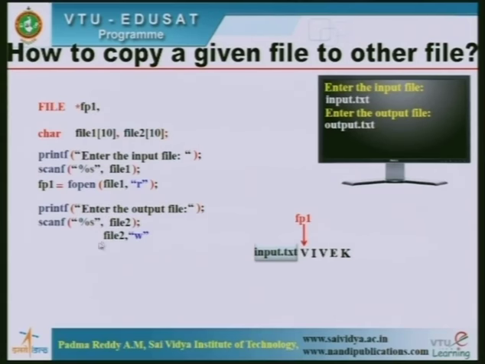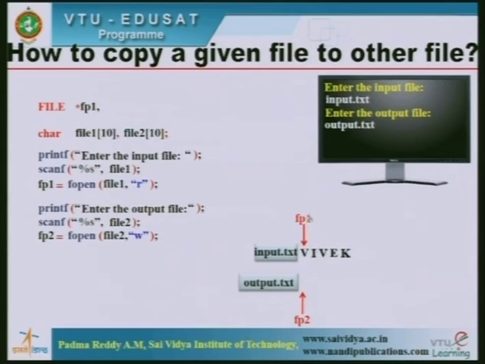So these two arguments should be passed to the function fopen. Now the moment this statement is executed, what will happen is file2, what does file2 contain? output.txt. output.txt is created, and it points to the beginning of the file. And that file pointer, let us call it what? fp2. So I will copy this into fp2. Now if you observe, there are two file pointers.